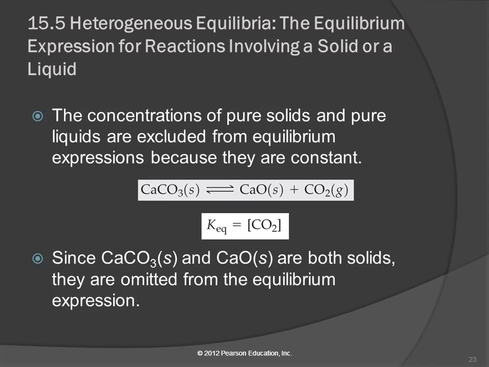I mean, just looking at what we've done before, we would expect that the KEQ would be the calcium oxide times the carbon dioxide divided by the concentration of calcium carbonate. That's what we would expect, right?